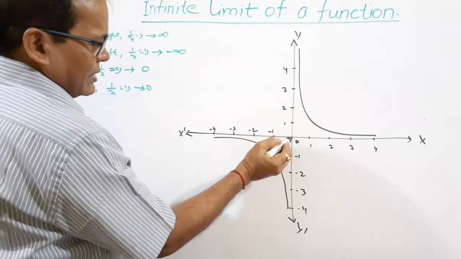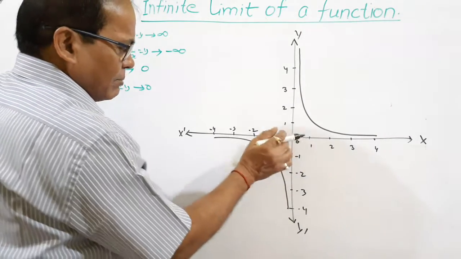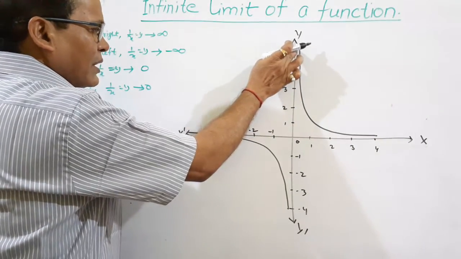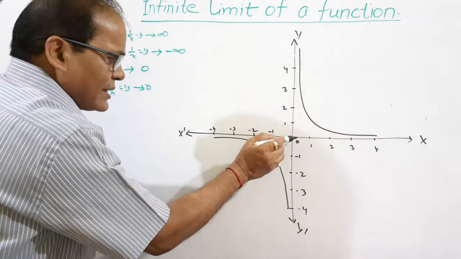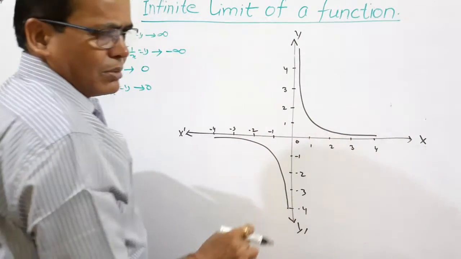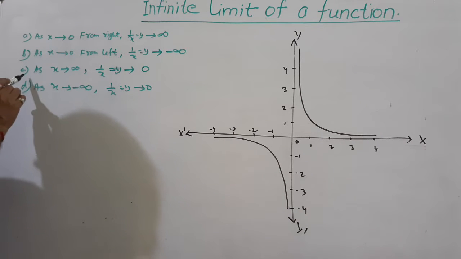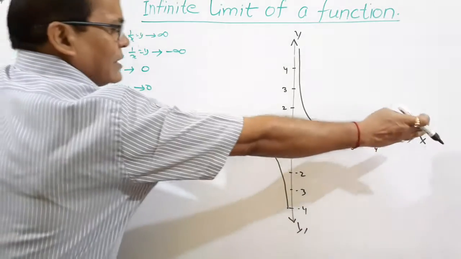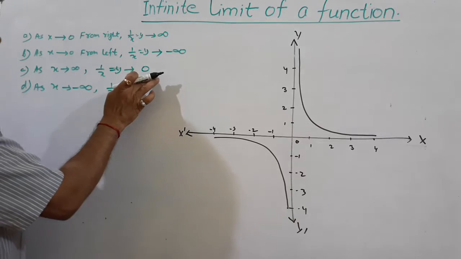If x goes 0.1, 0.2, 0.3, 1, 2, 3, meaning x is moving, then where is the y value going? The y value goes closer to 0. Means x is approaching infinity, then y is approaching 0. Y means 1 by x. So as x approaches infinity, y approaches 0.